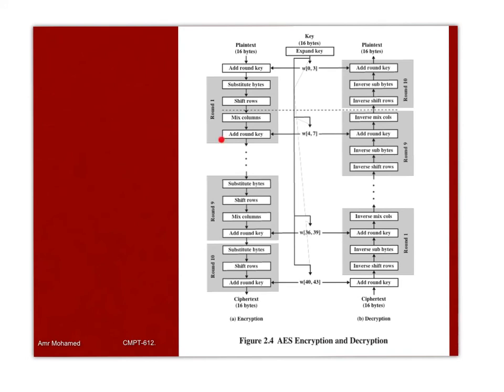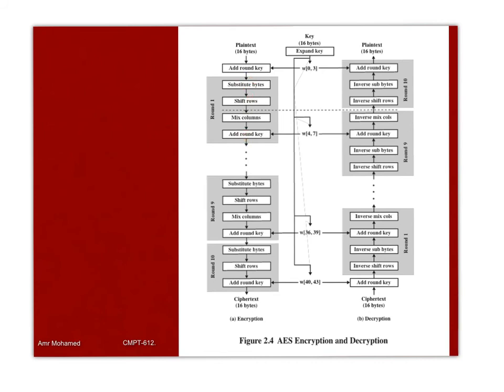Each of these rounds, unlike the Feistel structure, uses 4 different operations or stages. First, we use substitution, then we do shift rows, and we will talk about each of these steps.